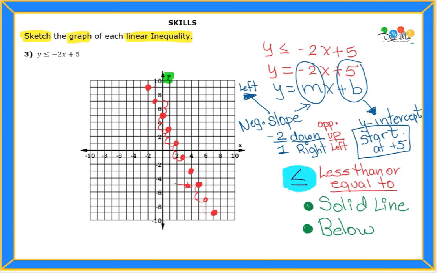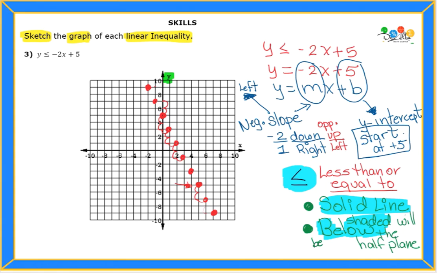Well, it means that the shaded region will be below the half plane. Okay, so what is important for us to follow here are these two. First of all, it needs to be a solid line, and then it's going to be shaded below. Those are the two things that I need for you to remember.